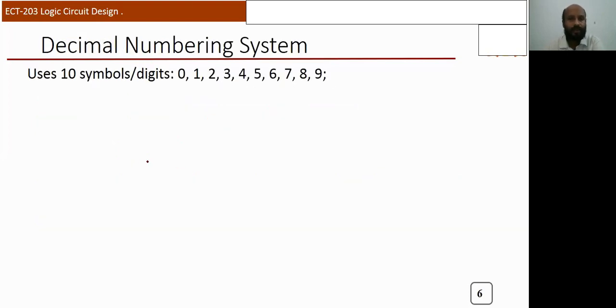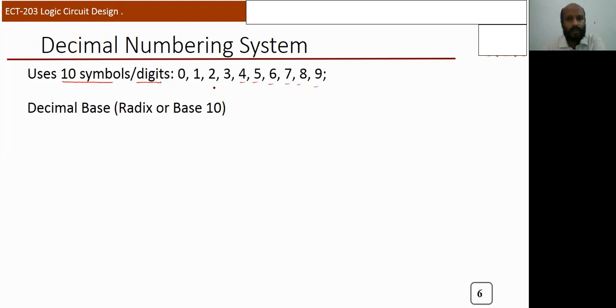I'll take an example of the decimal number system. This is a very common number system and you are comfortable with this. If you take the decimal number system, we know that this particular number system uses 10 symbols, or we can call them 10 digits. For example, 0, 1, 2, 3, 4, 5, 6, 7, 8, 9. In total, 10 different symbols we are using. Okay, you got one idea. The decimal number system uses 10 symbols or digits.